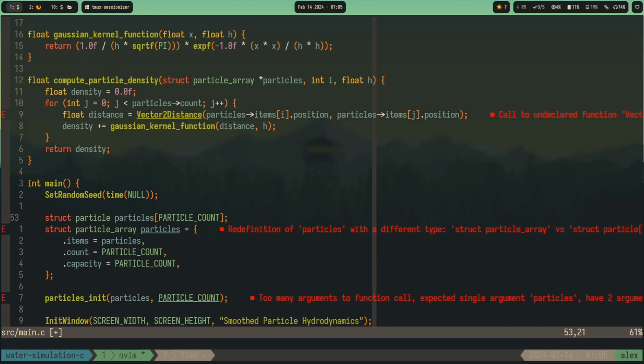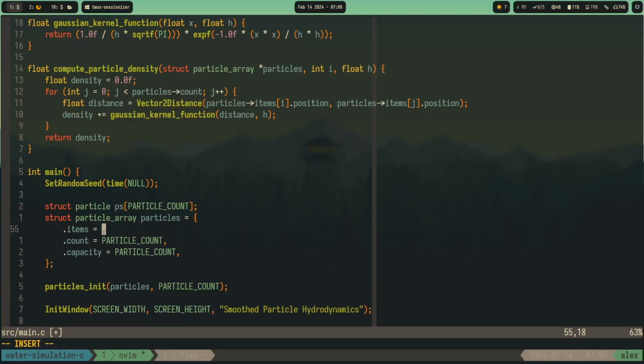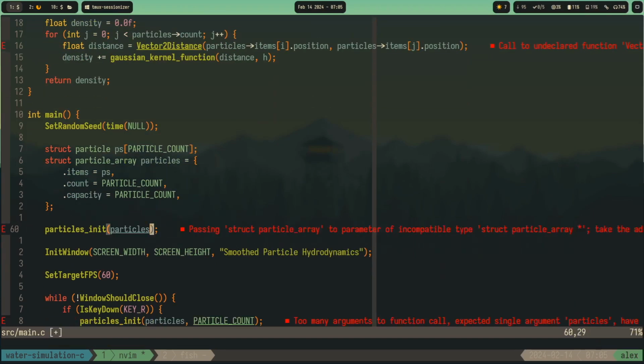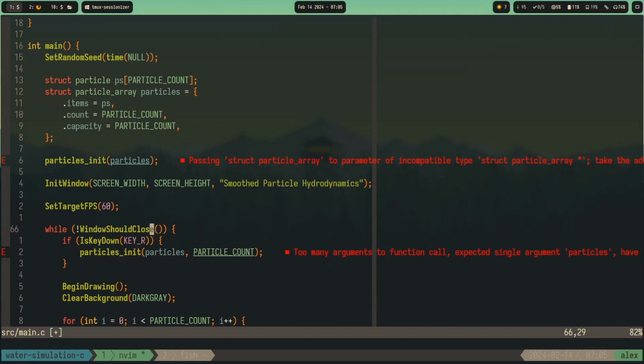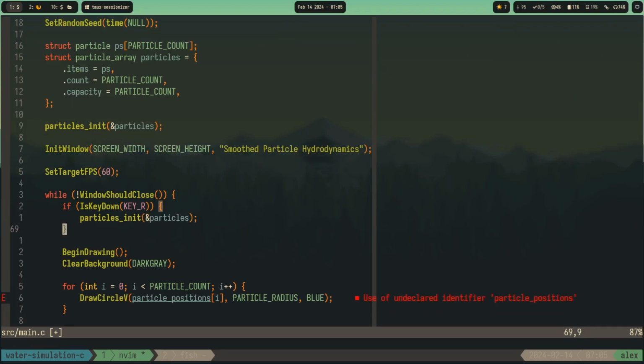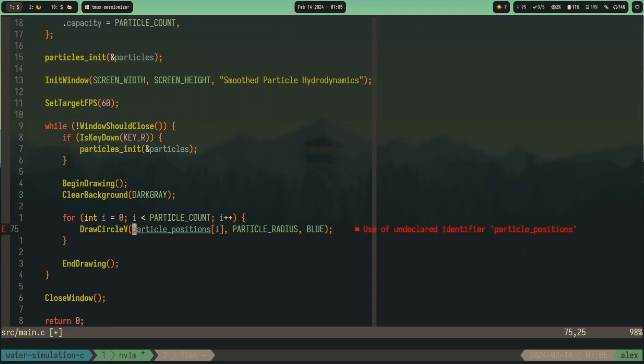Let's just say PS here. And here we need to use the address. Okay, it's fine. Let's use blue.